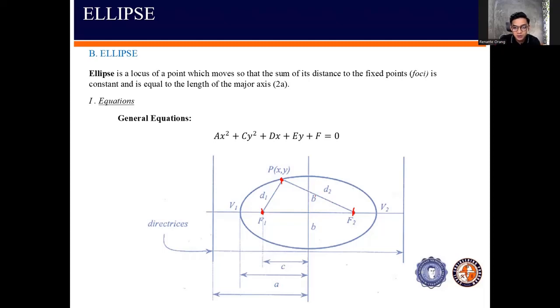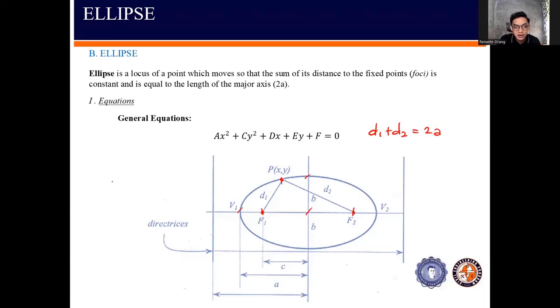We have our minor axis, which is the shorter distance, and our major axis, which is the longer distance. So it is called an ellipse if D1 plus D2 is equivalent to 2A, where A is our major axis.